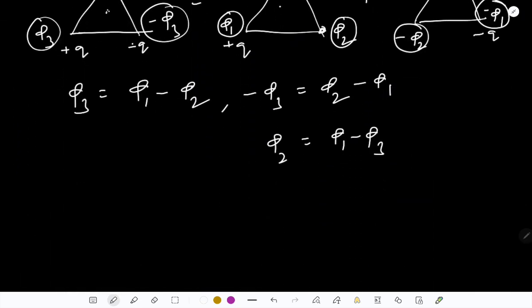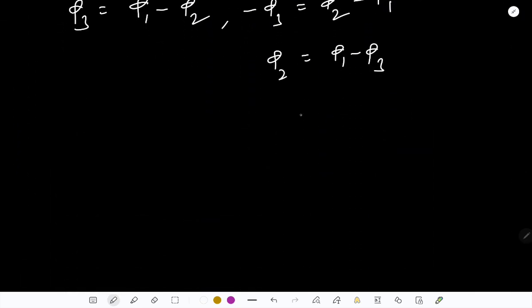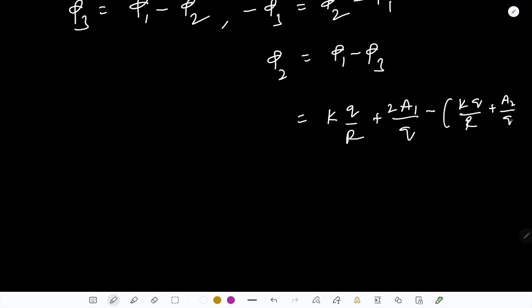So I can write the respective values, solve it, and we finally get that phi 2 is equal to 2a1 minus a2 upon q. So we got the value of phi 2.